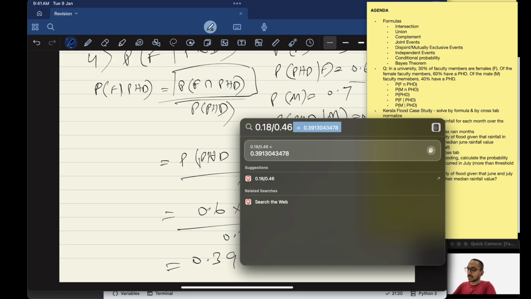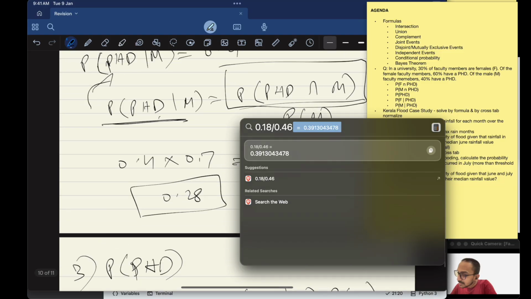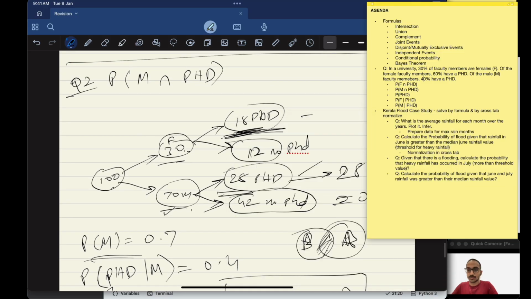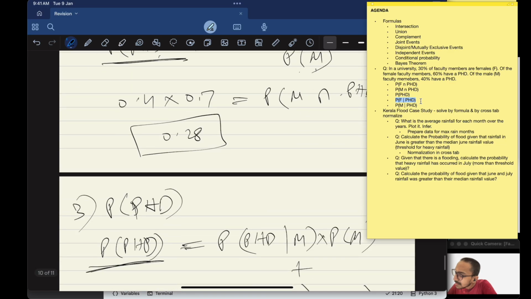Now let's check it using our tree. What is it saying? The question is female given PhD. So we have PhDs. Okay, I don't think, okay, ignore the tree thing.